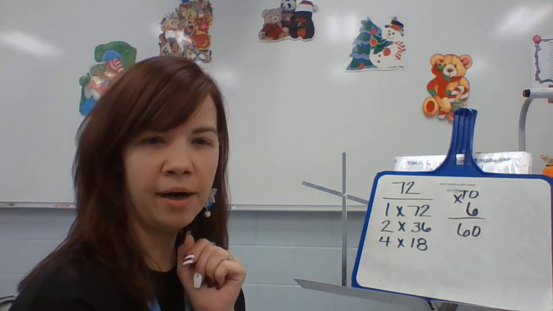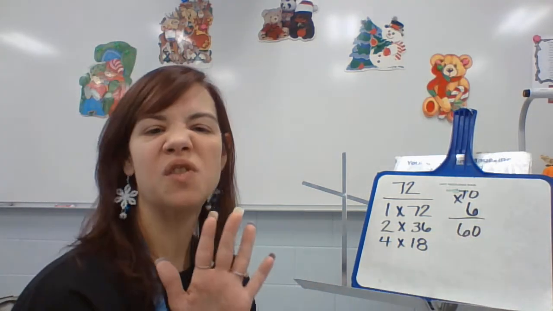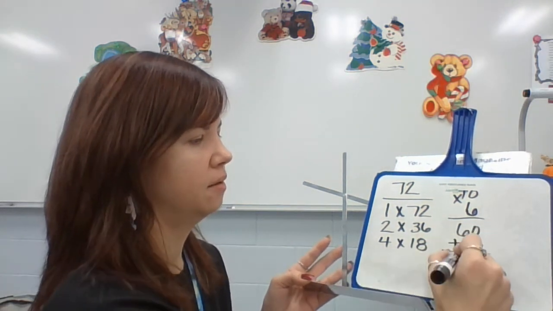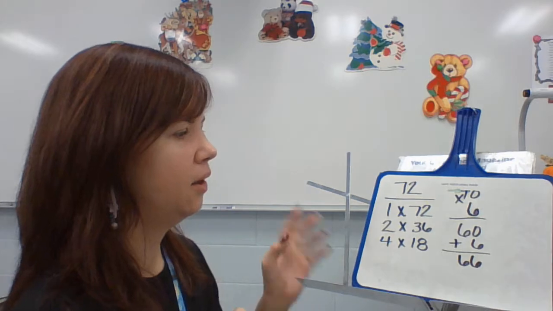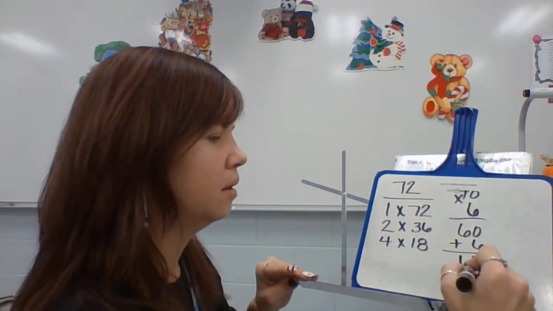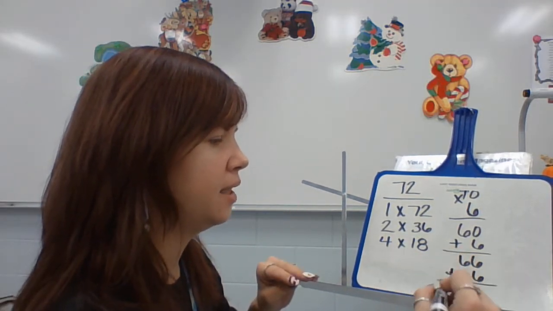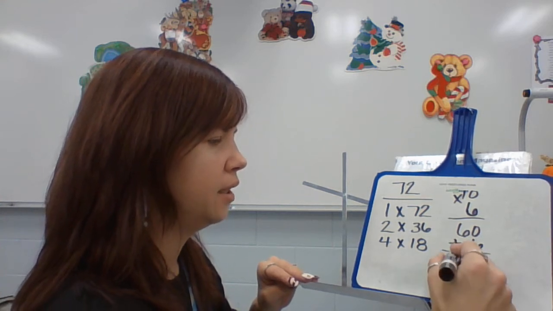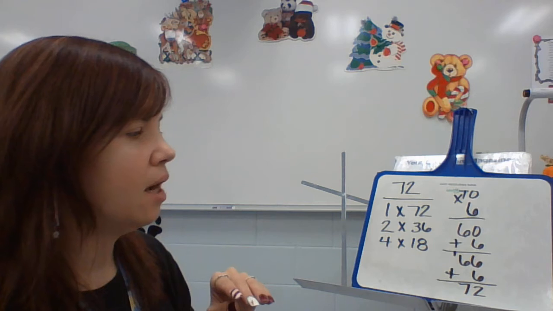Here's where, if you're not sure what to multiply, I'm just going to start adding. Plus 6 gives me 66. I can still keep going, so I'm going to add another 6. So that's 12. Carry the 1. 17.